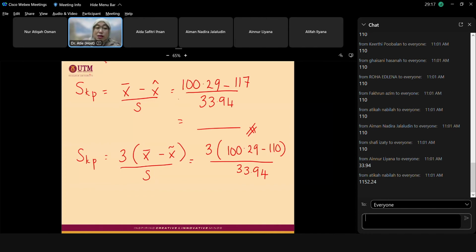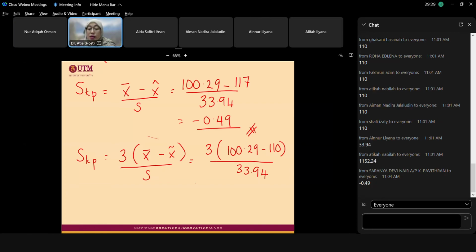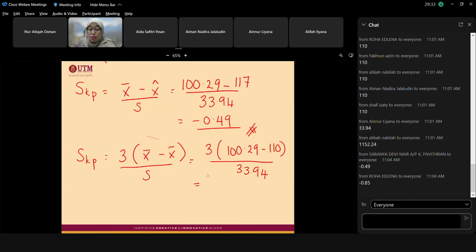Can someone give me the answer for the first one? Anyone who used the first formula? Negative 0.49. Okay, how about the second one? Negative 0.85.